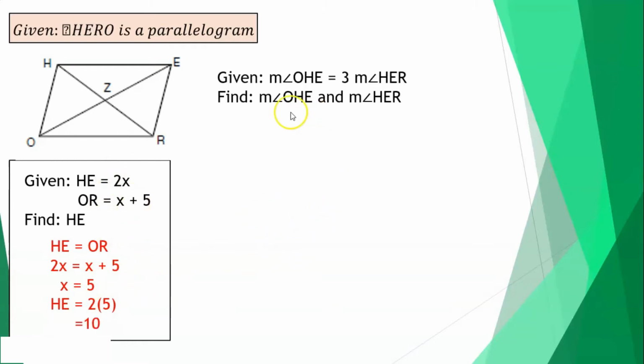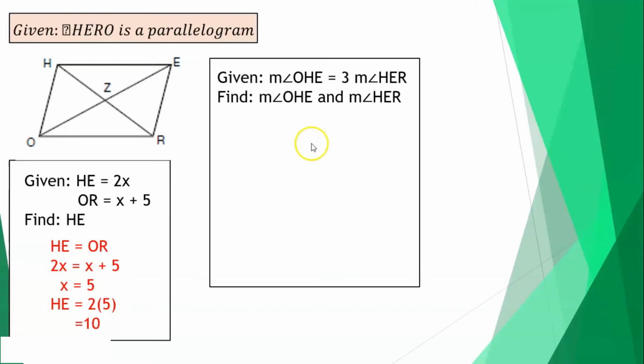Okay, another. Now, given this, if the measure of angle OHE is 3 times the measure of angle HER, find the measure of angle OHE and angle HER. So take note here, OHE plus HER, they are considered as consecutive angles. So when you total them, it should be 180 degrees.